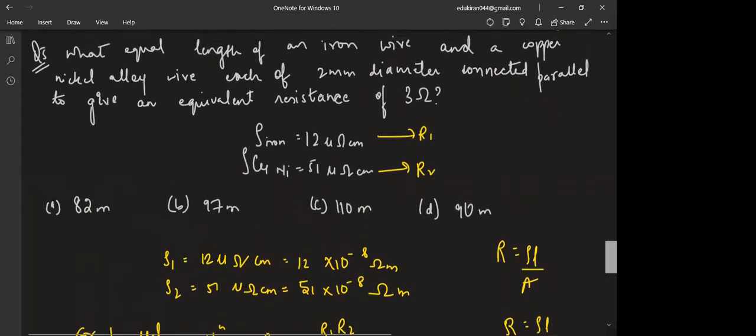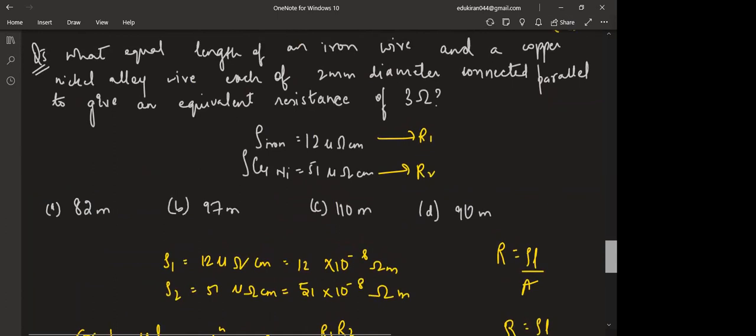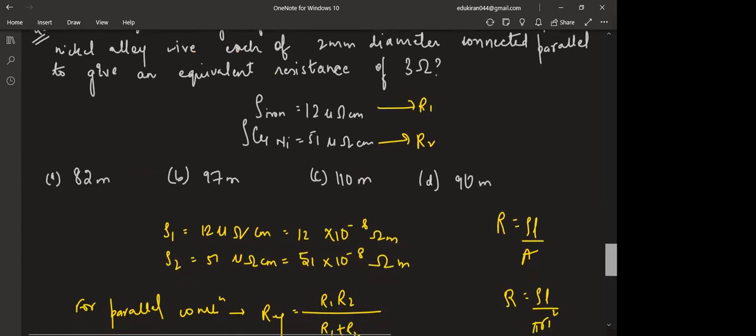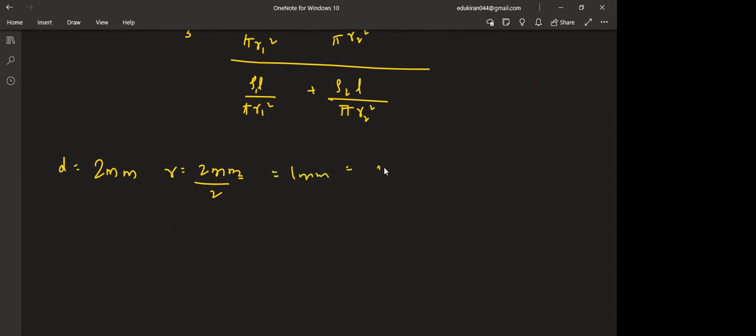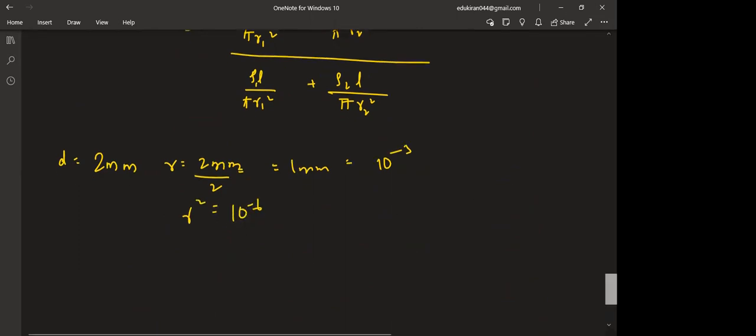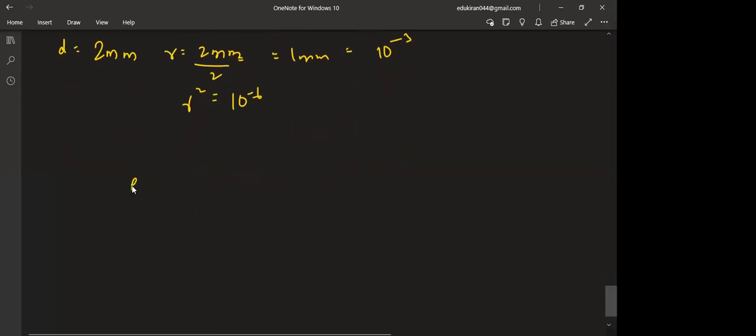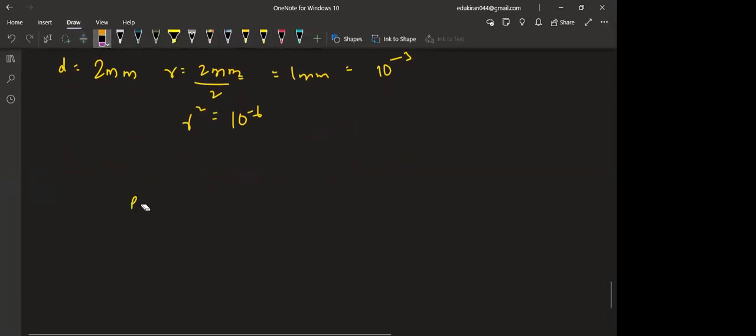What all things are mentioned? Diameter is 2 mm, so the radius becomes 1 mm, that is 10 to the power minus 3. So R square will become 10 to the power minus 6. So if you put in all the values, this is 3.